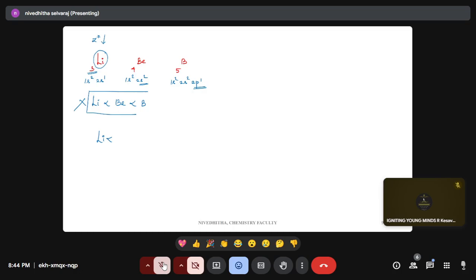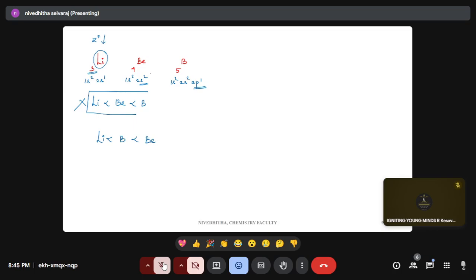Lithium, ma'am. Kanna, lithium is different. Yes, lithium has lesser effective nuclear charge, so it has the lowest ionization energy. But now I'm comparing beryllium and boron. Boron, ma'am. Yes, because boron's valence electron is present in p subshell. P subshells are quite far from the nucleus, so removing an electron from p subshell is easy. So after lithium, boron, and definitely beryllium will have the highest ionization energy.